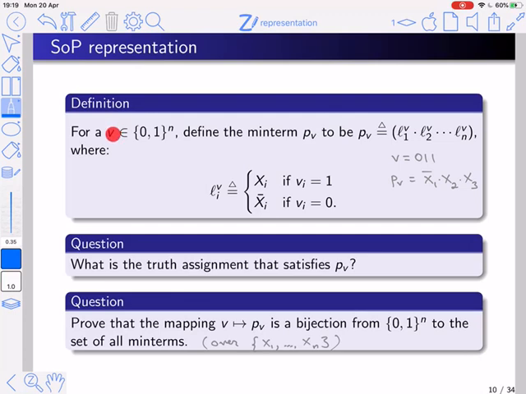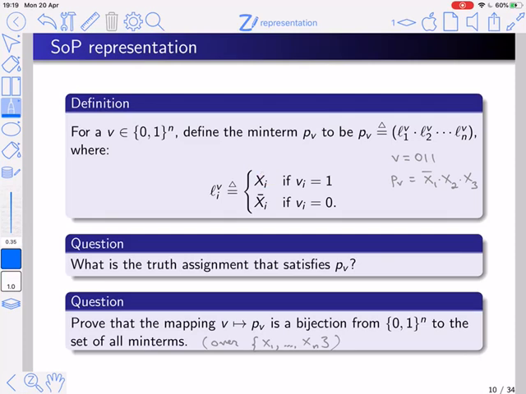Given a binary string v of length n, define the minterm p sub v to be the product of n literals, where the literal li of v is either xi or not xi. So you see the i here is the same as the i here. The v here is the same as the v here. Okay? Good. So when does li of v equal xi?